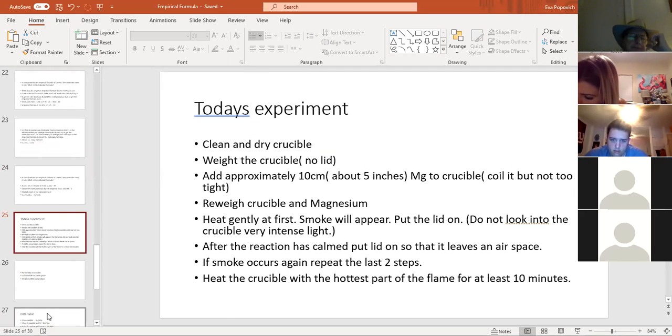Today's experiment. Basically, you're going to clean and dry a crucible. You're going to weigh that crucible. Then you're going to put about 5 inches worth of magnesium ribbon into the crucible. You're going to reweigh the crucible and the magnesium. Can you get the weight of the magnesium now?